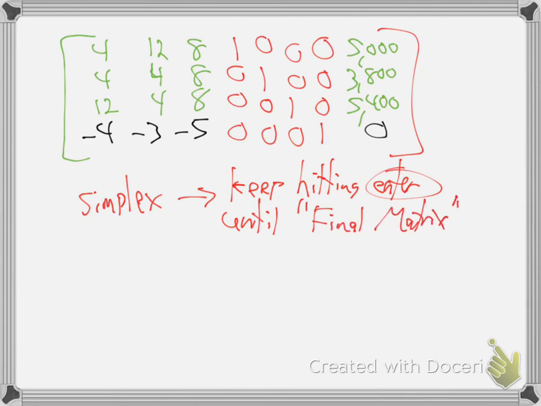Usually that's just one step. If you hit enter and it doesn't say final matrix, then it needs to take another step. Just hit enter again. Probably it'll be 2 at the most. And then it'll say final matrix, and that means that's your answer at that point.